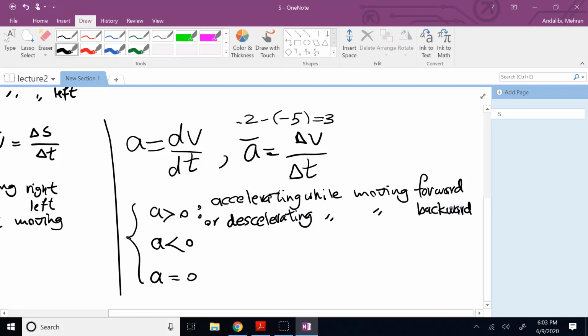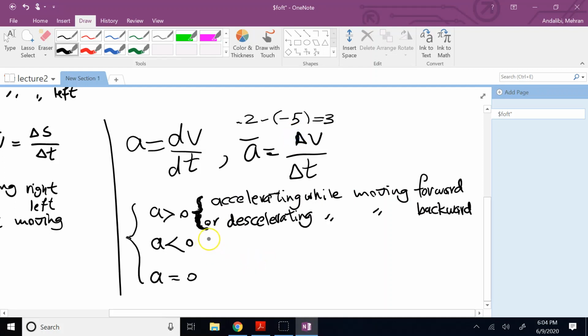Okay, so if you're going backwards and you nail the brake, that is also positive acceleration. So you see, positive acceleration does not show which direction you are moving. You can move in either direction. It shows how the values of the velocities are changing.